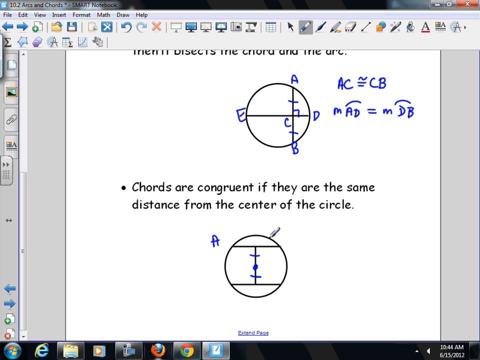So let's label these points A, B, C, D, E, F, we'll call the center of the circle G. Okay, so if we know that GF and GE are congruent, we also know that those chords AB and CD are congruent. Up here I should have also put the lines above the congruency statement.